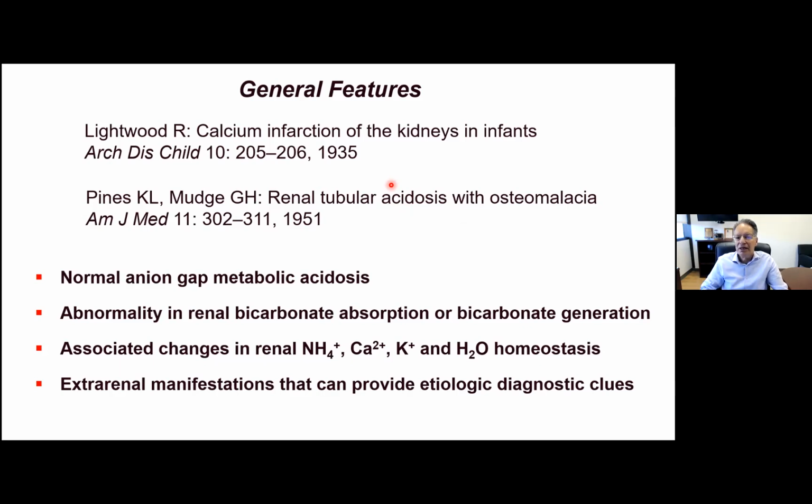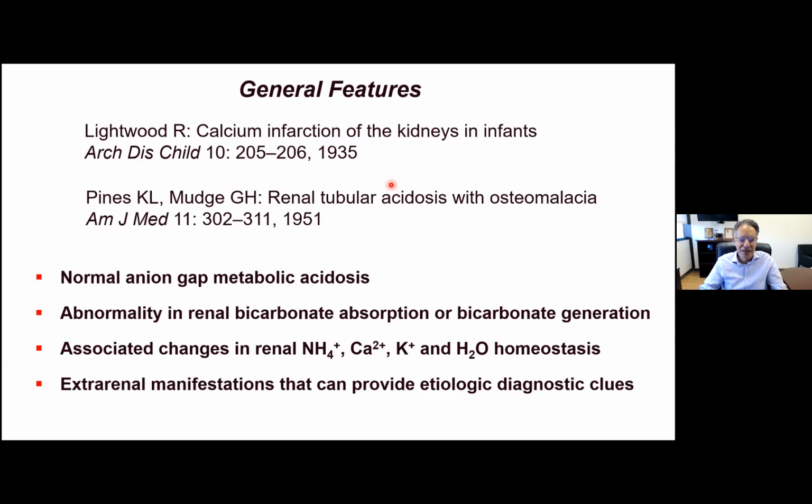There was no chemistry of the blood, acid base or electrolyte abnormalities associated with this. It was more a pathologic finding that there were these kidneys in infants that appeared to be calcified. But in retrospect, some of these were probably patients with nephrocalcinosis and renal tubular acidosis.